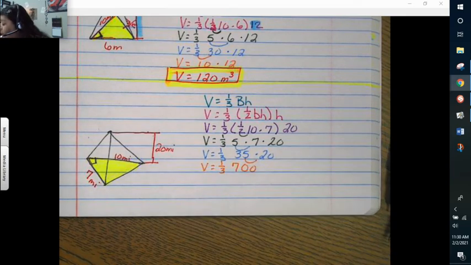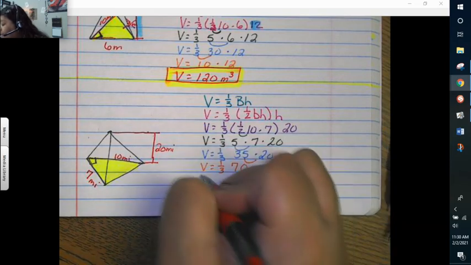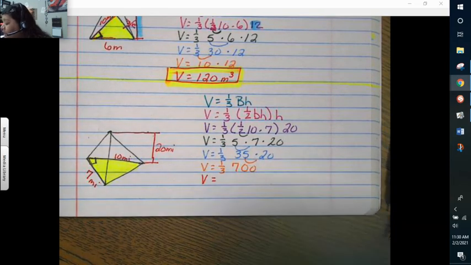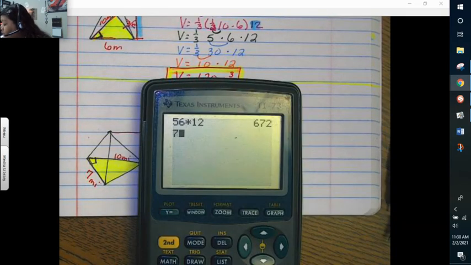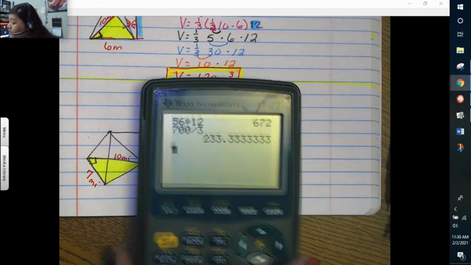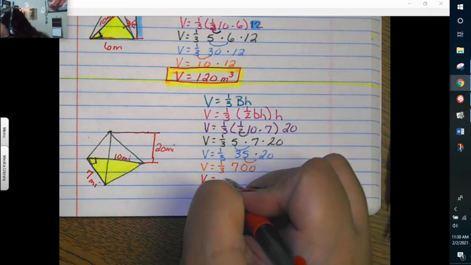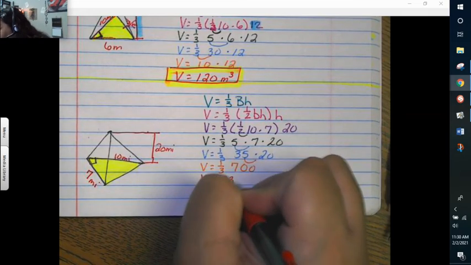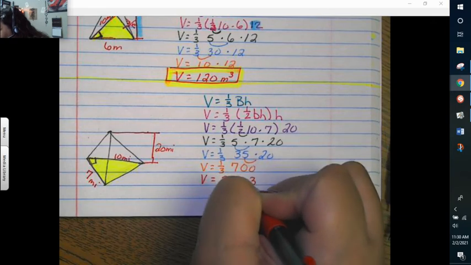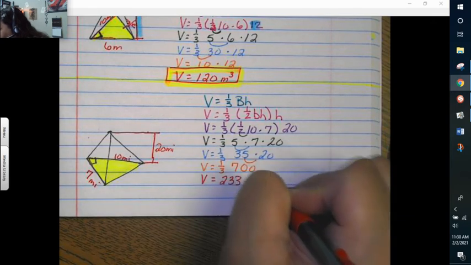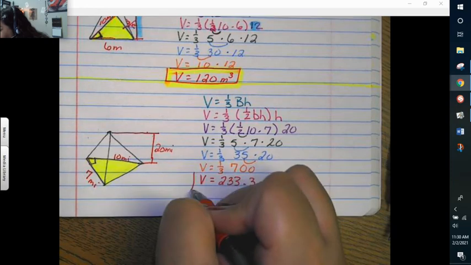Okay. And this probably means I'm going to have a decimal here. So I'm going to go ahead and do 700 divided by 3. Gives me 233.3333. Okay, so let's go ahead and round to the nearest tenth. So I'm going to go ahead and do 233 and 3/10 miles cubed, or cubic miles.